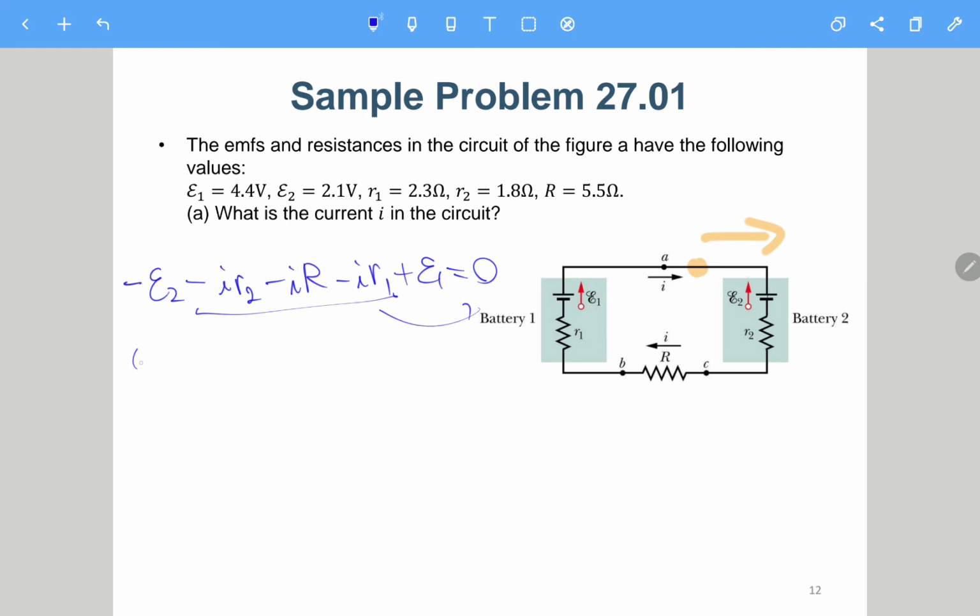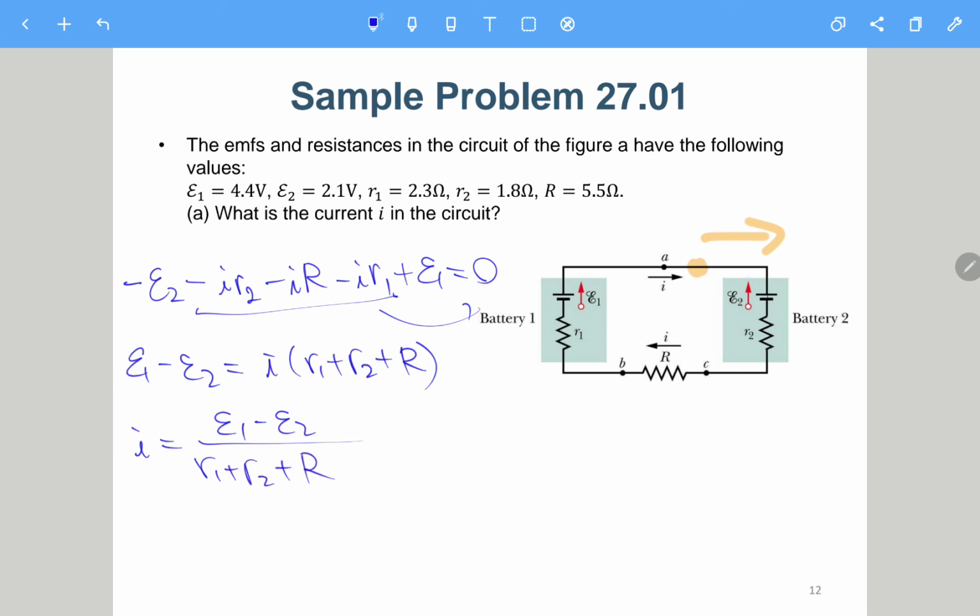So we have E1 minus E2 equals I times R1 plus R2 plus capital R. So we can get I equals E1 minus E2 all over R1 plus R2 plus capital R. Then we can just plug in the values: 4.4 minus 2.1 all over 2.3 plus 1.8 plus 5.5.